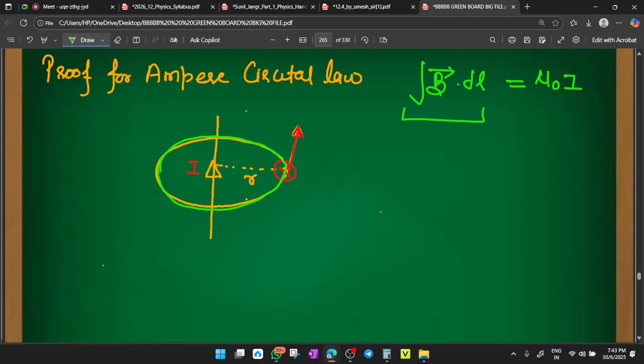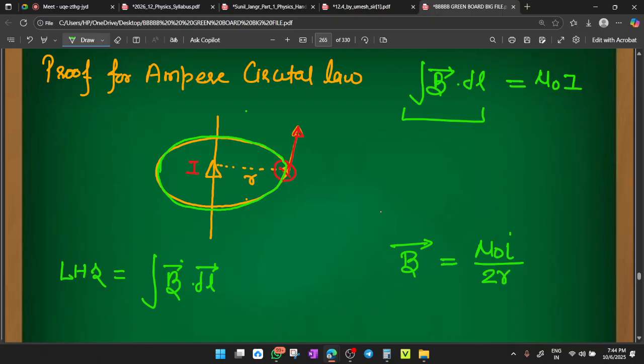So taking LHS equals the closed integral of B dot dl. Clear? Now, what is the intensity of magnetic field at a point r? We have calculated that the magnitude of B vector equals mu naught I upon 2r.